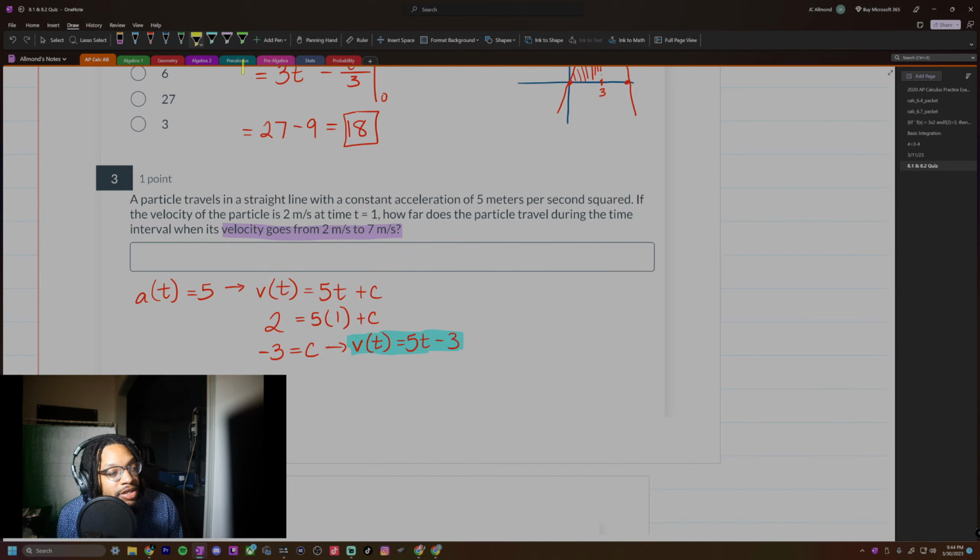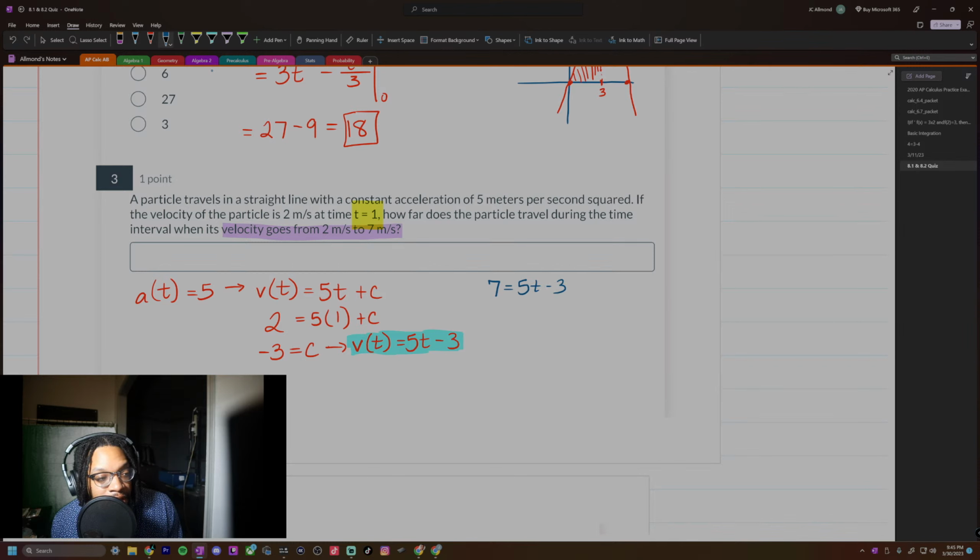And it's hard, but not really, because I gave you one of the time intervals. Earlier I said that when the velocity is 2, the time is 1. So that's my first bound. Now I got to figure out what is my time whenever my velocity is 7. So 7 is my velocity, which is equal to 5t minus 3.